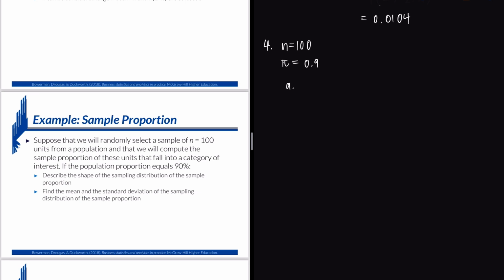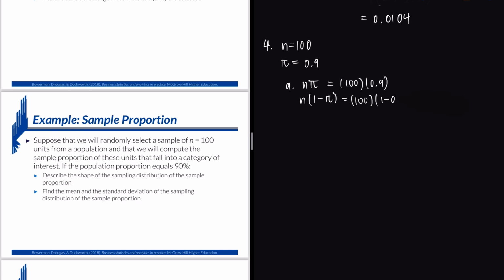So to describe the shape of the sampling distribution of the sample proportion, we look at the values of two equations. That's n times pi and n times 1 minus pi. So n is 100, pi is 0.9.